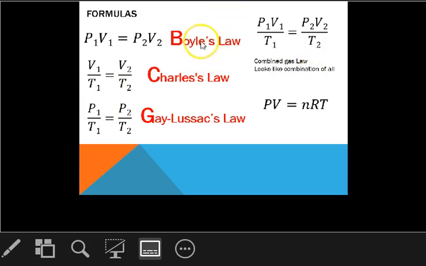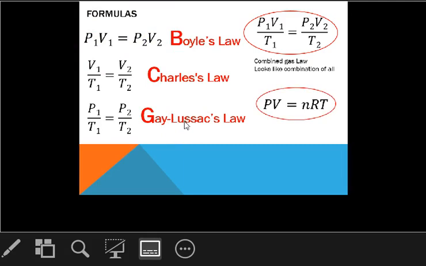Every one of these laws, Boyle's law, Charles's law, Gay-Lussac's law, and the combined gas law, require you to have some change in a circumstance. You see how each of them have 2 of each of the variables. That means your problem is going to have to imply that there is a change in circumstances.